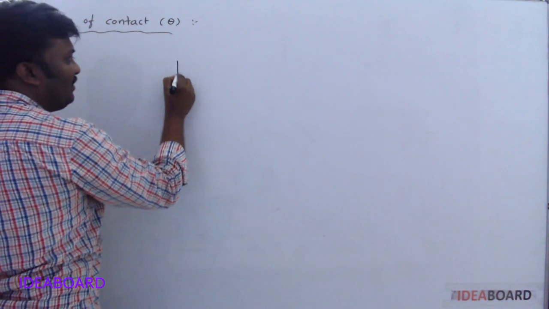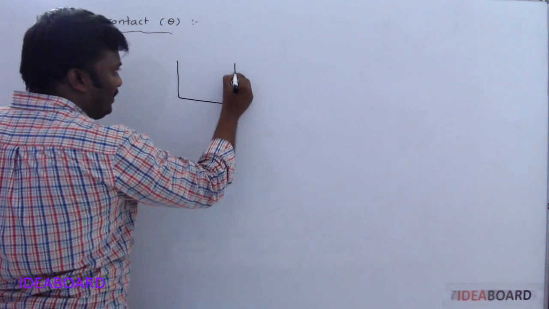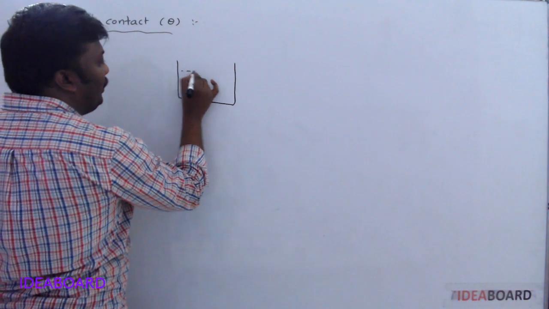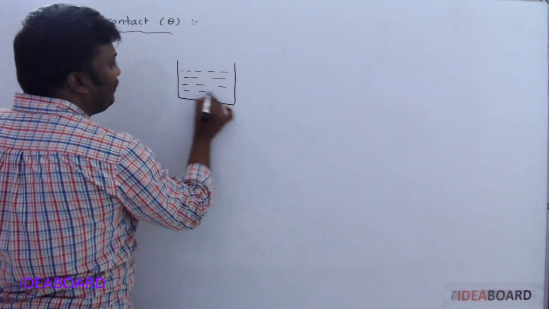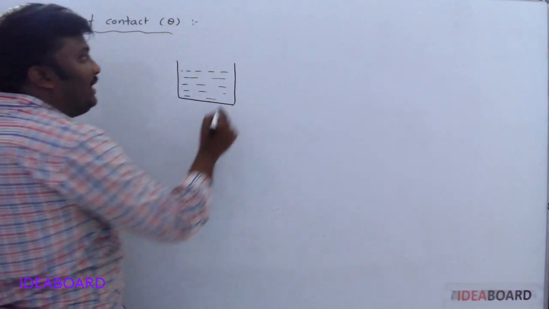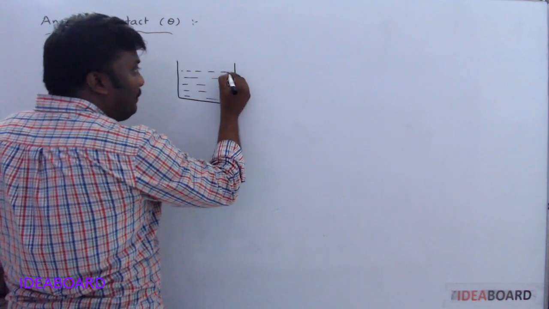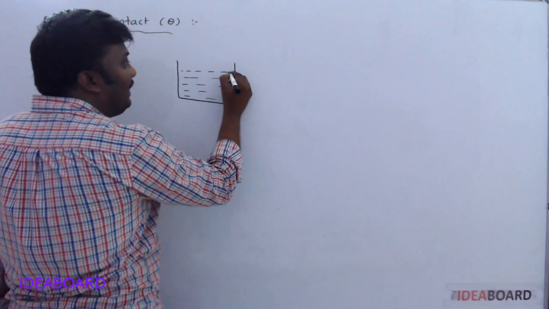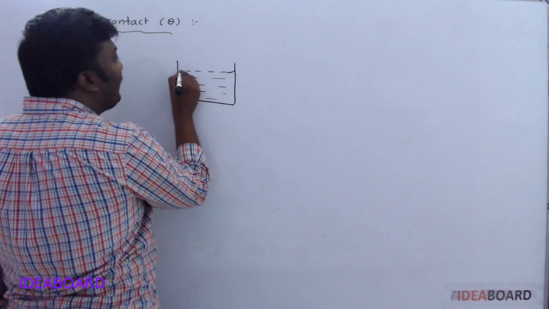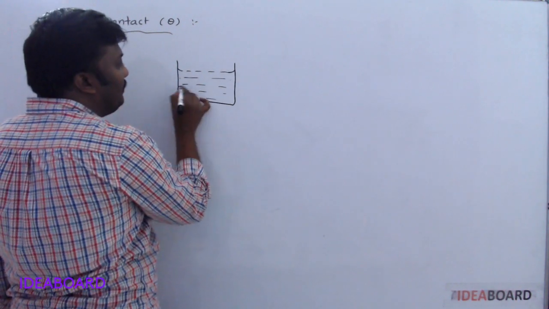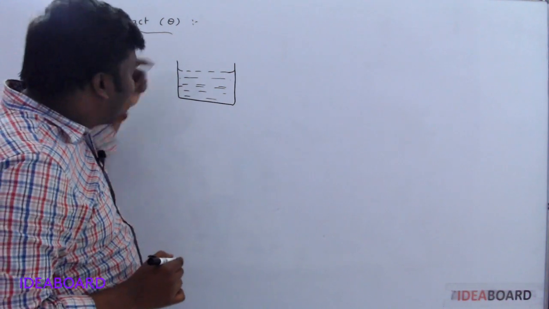Suppose in a container you take some liquid. The liquid touches the solid surface here. At this place it is not a straight line, it is curved.